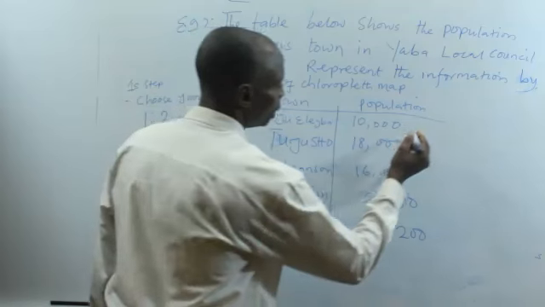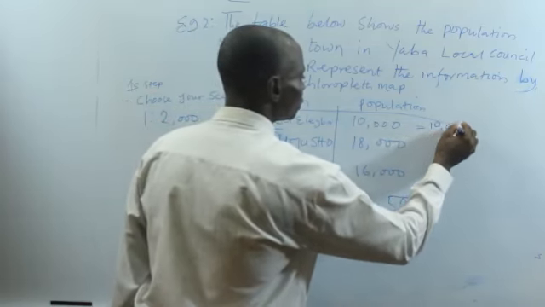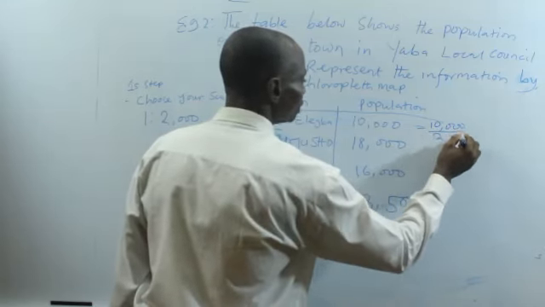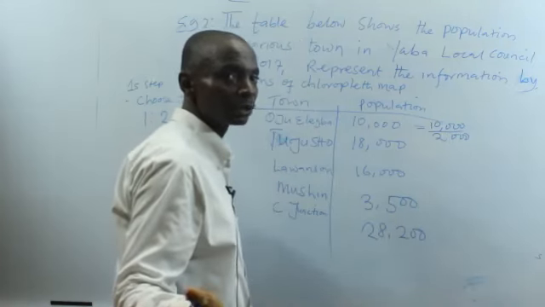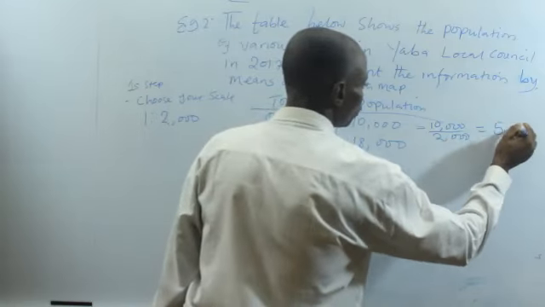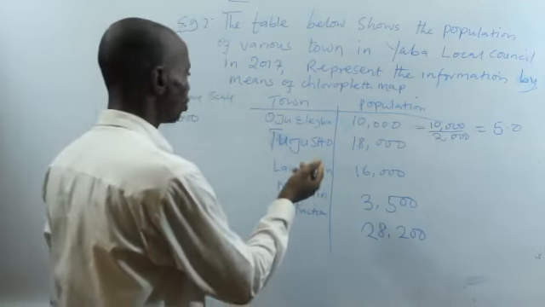Let's start from the first town. It's 10,000. 10,000 divided by 2,000. Who can give us the answer? Fine. The answer is 5 point what? 5.0.